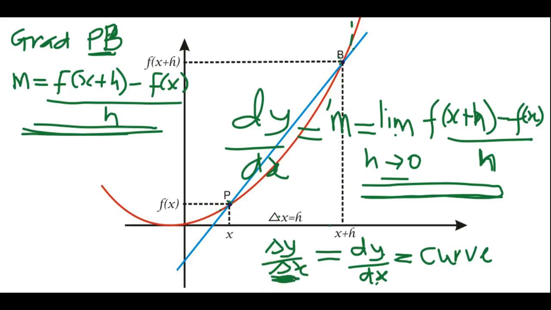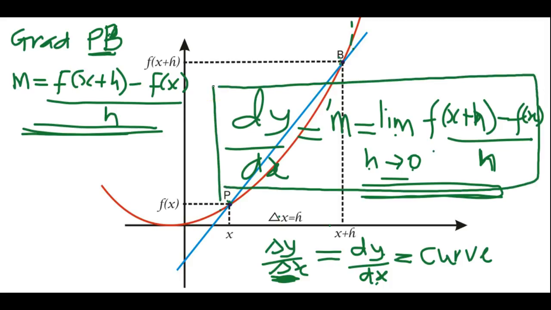And so dy dx is equal to the limit as h approaches 0 of the function f of x plus h minus f of x over h. And this statement is what we call the first principle of differential calculus.